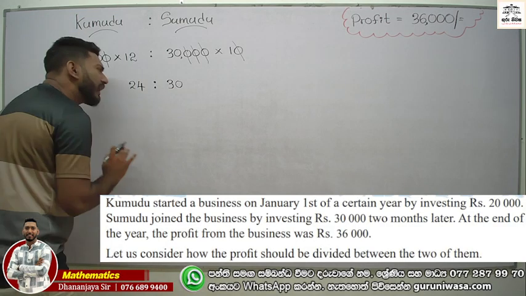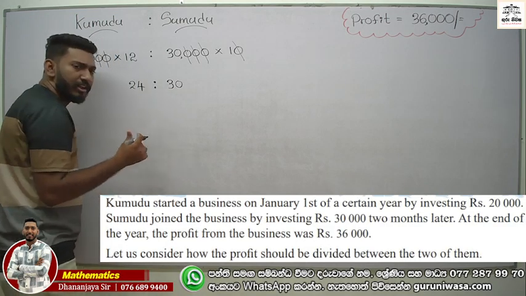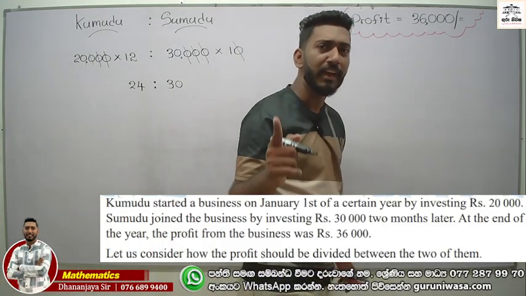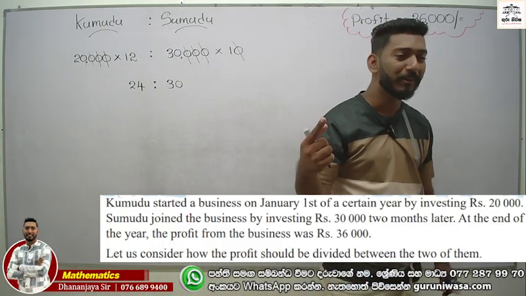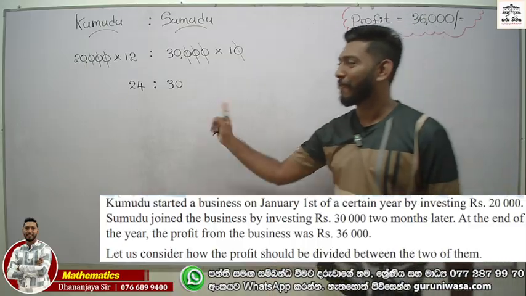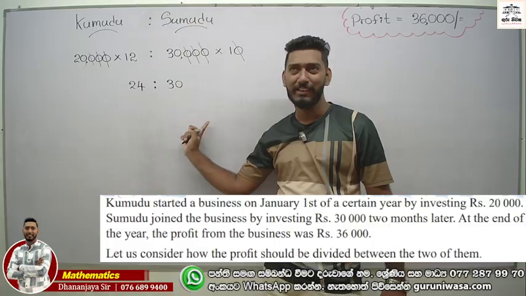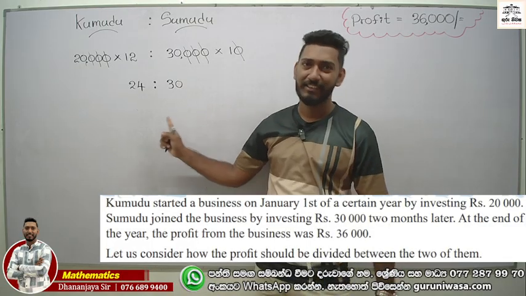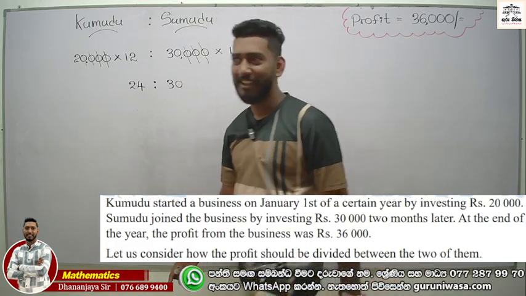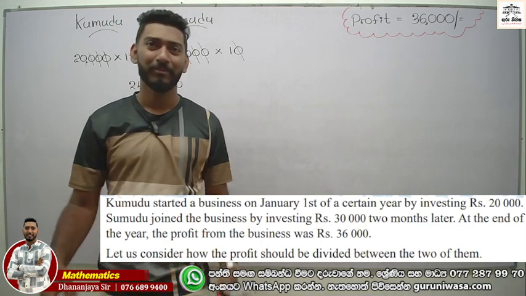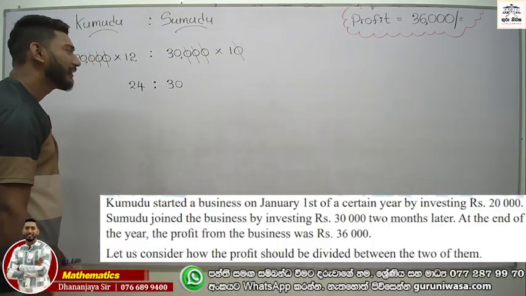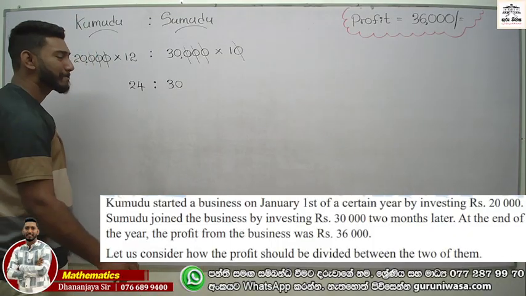Now, again, we are looking for simplifications. Now tell me, 24 and 30, you can divide by which number? Both are divisible by 3. Tell me another number, the greatest one, more than 3. 6.